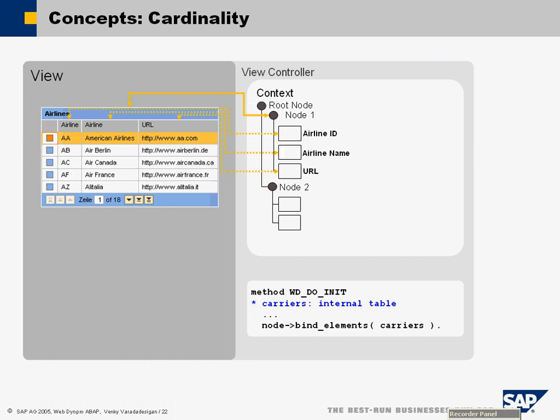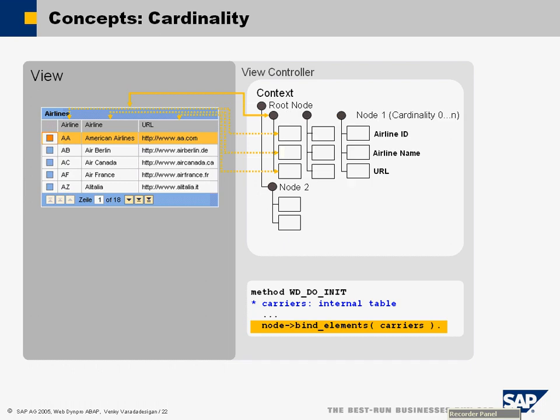So if you set the cardinality to 1, it can hold only one data row. That is, it can contain only one value of airline name and URL. So how do you hold a table of data, multiple rows? All you have to do is define the node's cardinality as 0 to many.